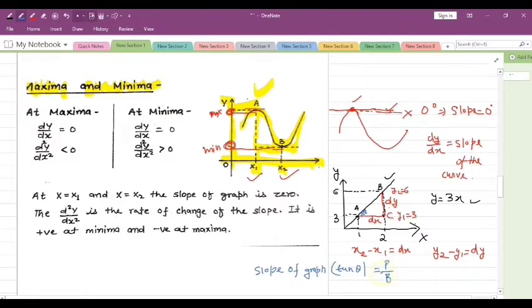By trigonometry we have used this formula, and this will be equal to dy over dx, because perpendicular is dy, y2 minus y1, and similarly your base is the final value of x, that is x2, minus the initial value of x, that is x1. Here the value of slope is 6 minus 3 upon 2 minus 1, that is 3 by 1, and this value is basically called your slope in a straight line graph.